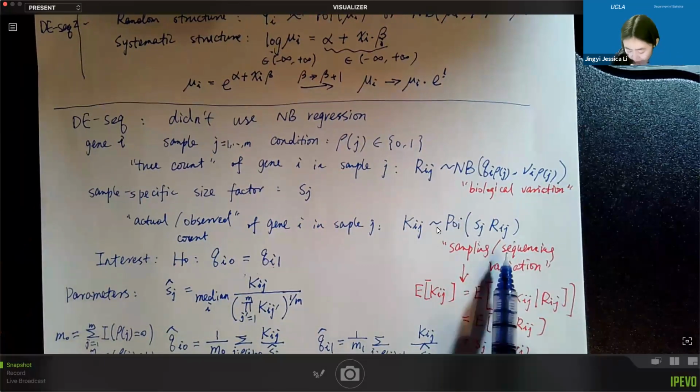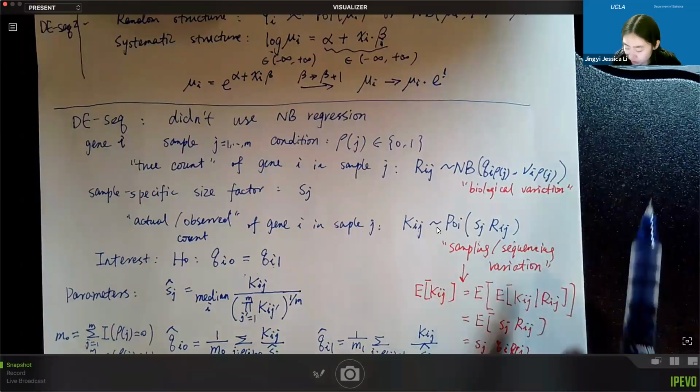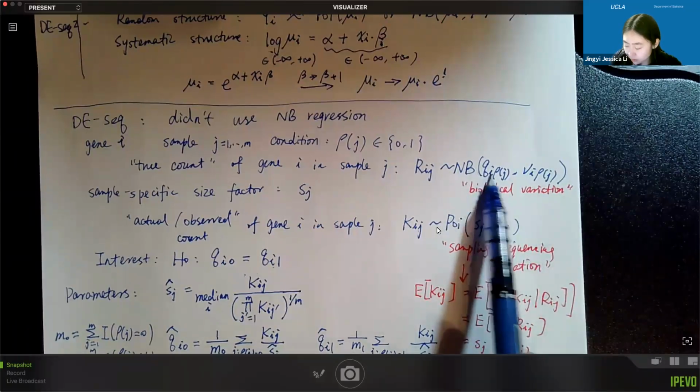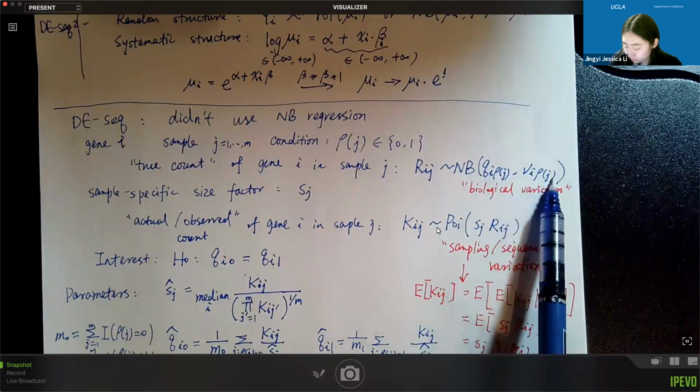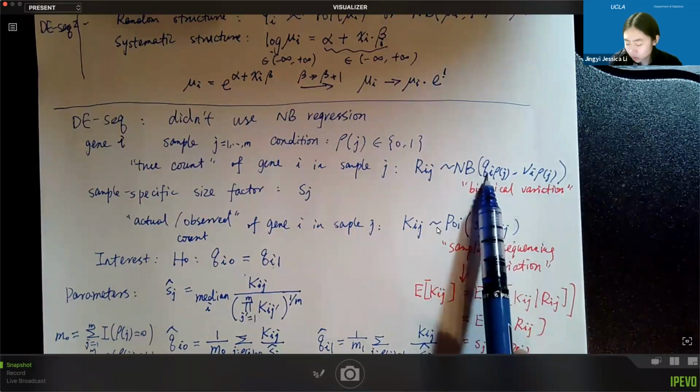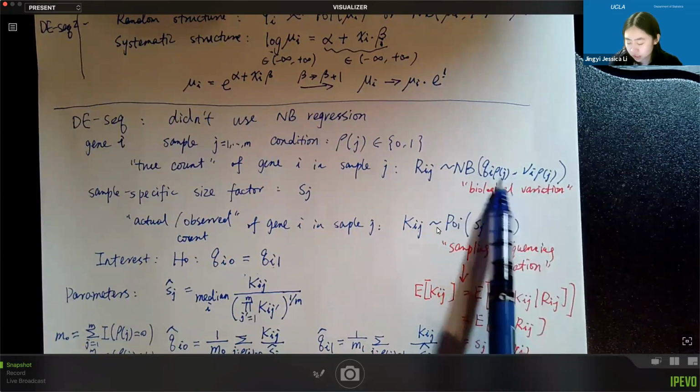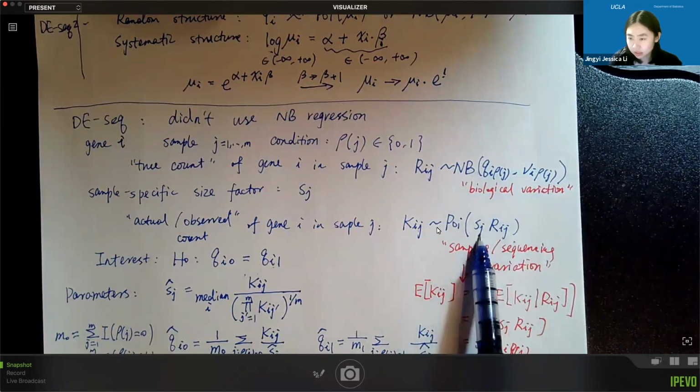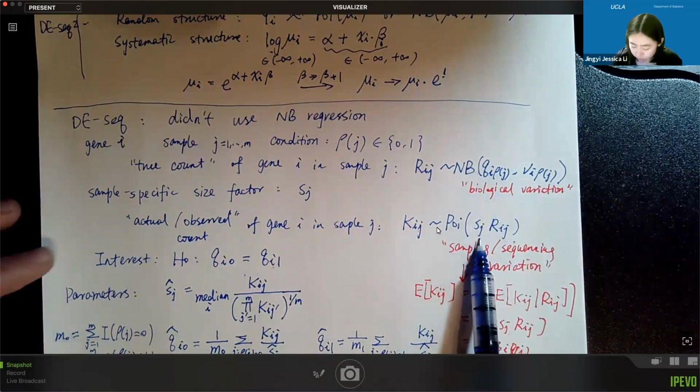In this model, the key parameters include Qi1, Qi0, nu I1, nu I0, and also Sj. So in other words, for every gene I, we have 4 parameters for this negative binomial in condition 0 and condition 1. We also need a sample-specific size factor Sj.